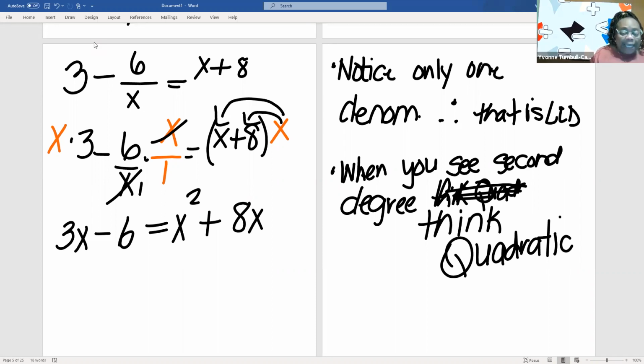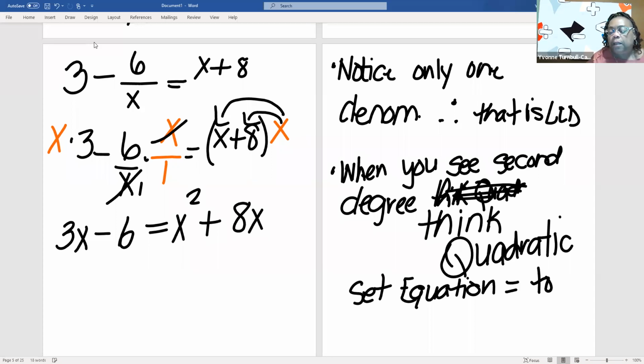So I need to set the equation equal to 0. Can I hear you? 0. Whenever you think quadratic, set the equation equal to 0. That means you need everything over on the right side, because your second degree term cannot be negative.